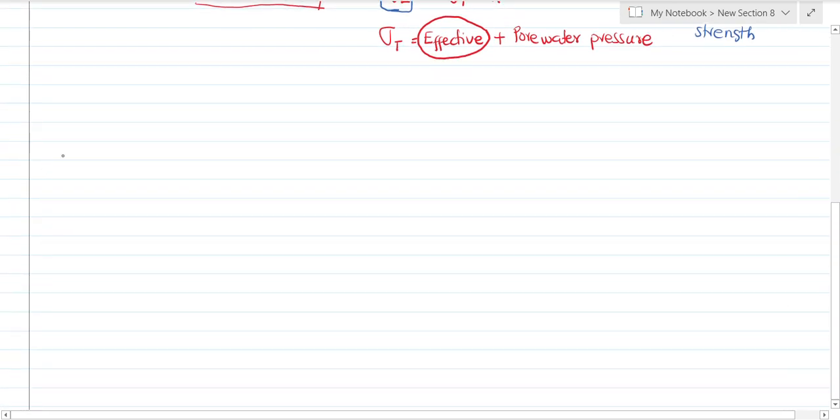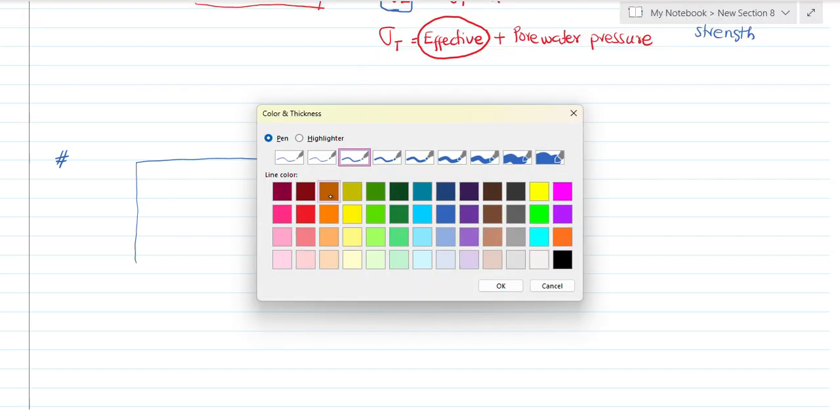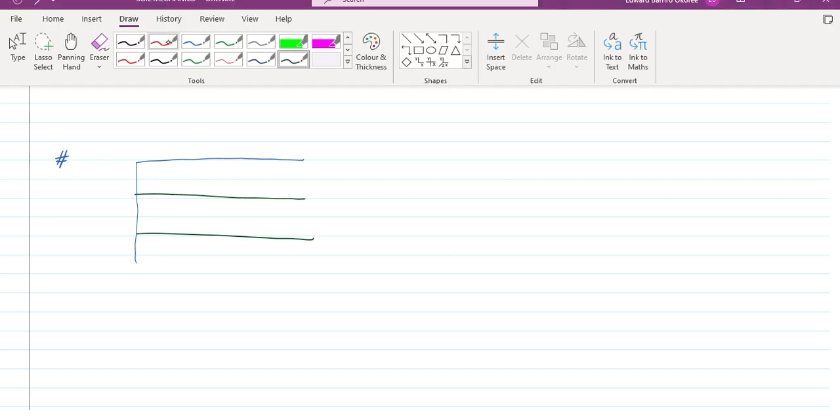Now, we can also have several layers of soil. So, assuming this is my soil, I can have several layers of soil. This soil layer, and we have another soil layer.